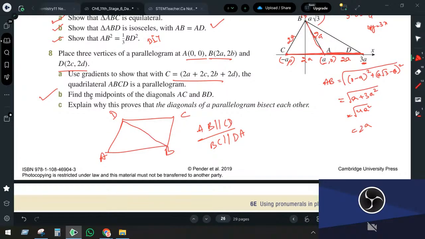If they are the same, then it is a parallelogram. That's it. Why prove that the diagonals of a parallelogram bisect each other? If this is the same, the diagonals bisect each other, because the midpoint of AC and midpoint of BD are the midpoints of the diagonals. That's it.